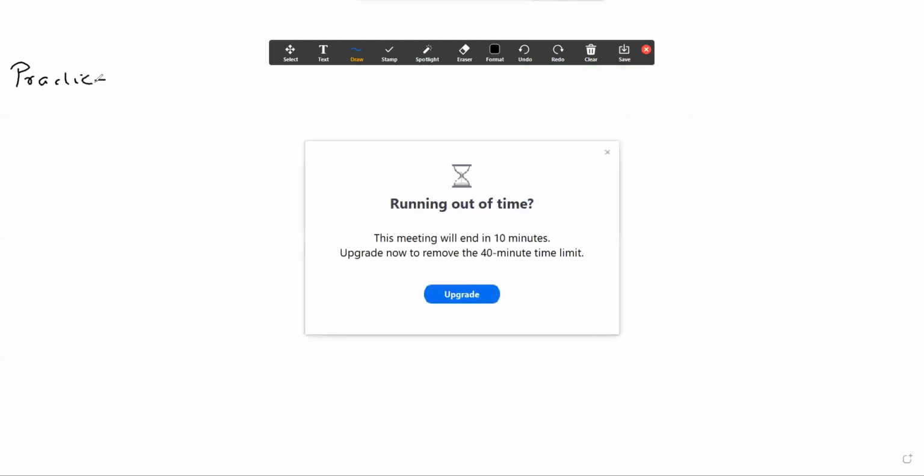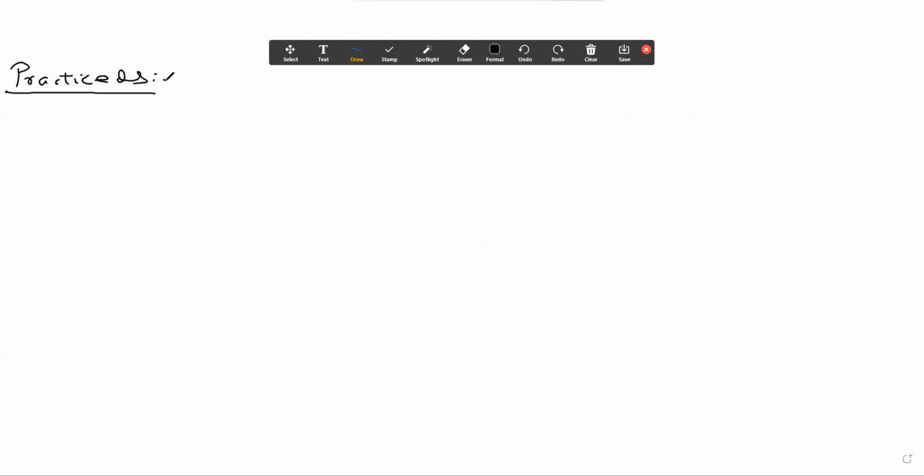Let us do a practice question. A bank operates both a drive-up facility and a walk-up window.